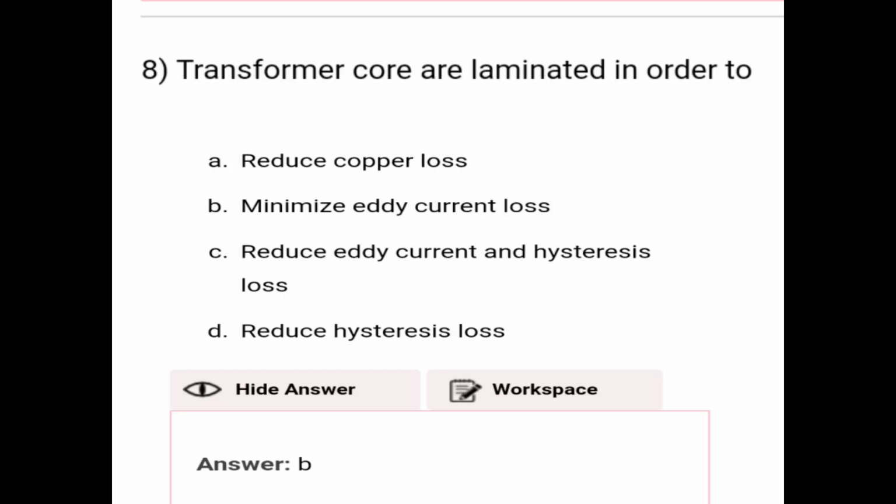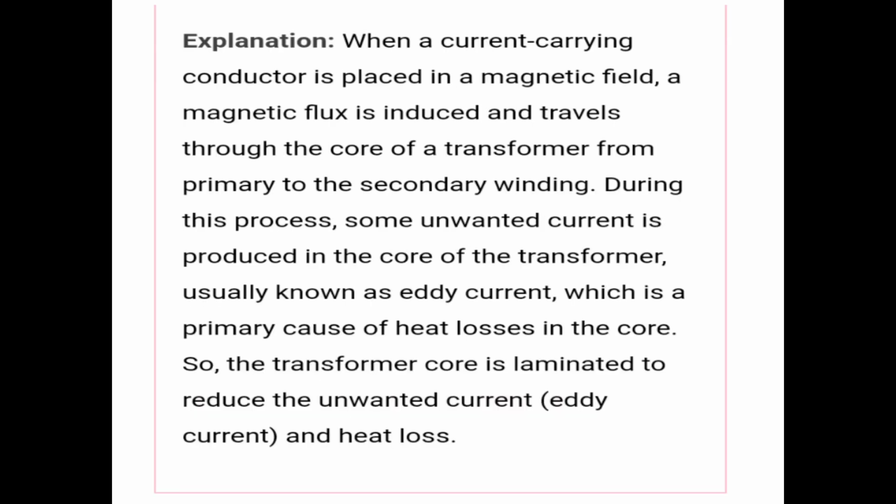Next: transformer cores are laminated in order to, correct answer is option B, minimize eddy current loss. See the explanation. When a current carrying conductor is placed in a magnetic field, a magnetic flux is induced and travels through the core of the transformer from primary to secondary winding.